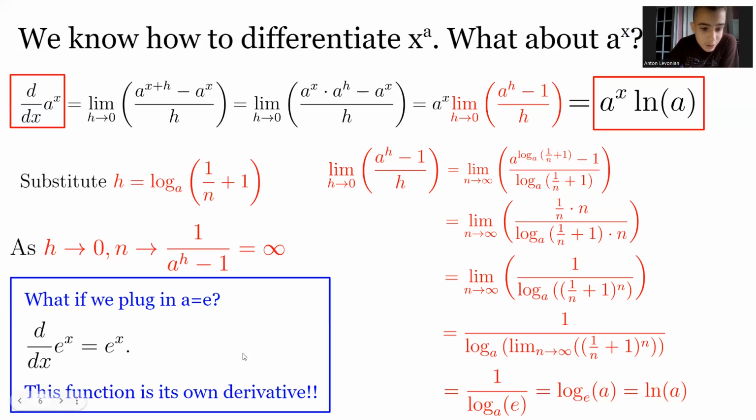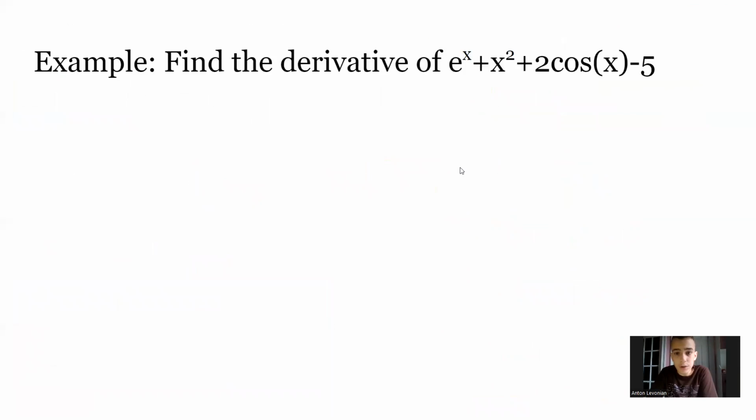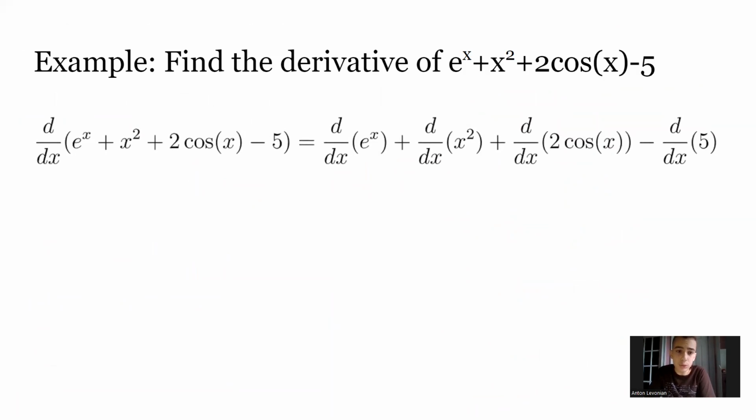Okay, so we found a general rule for exponential functions and this very special function e to the x. So now let's practice a bit. Find the derivative of e to the x plus x squared plus 2 cosine of x minus 5. To do this example, we would take the derivative, and once again, we can break this up into smaller derivative chunks.